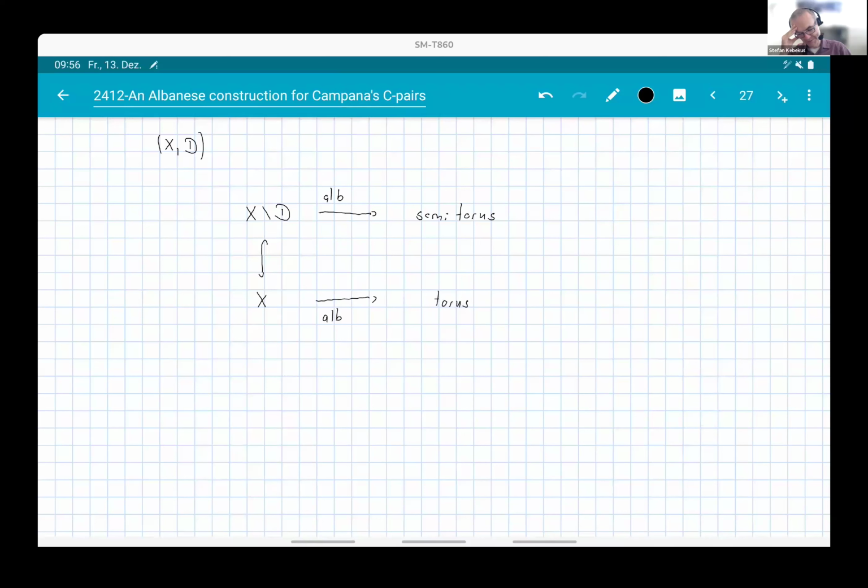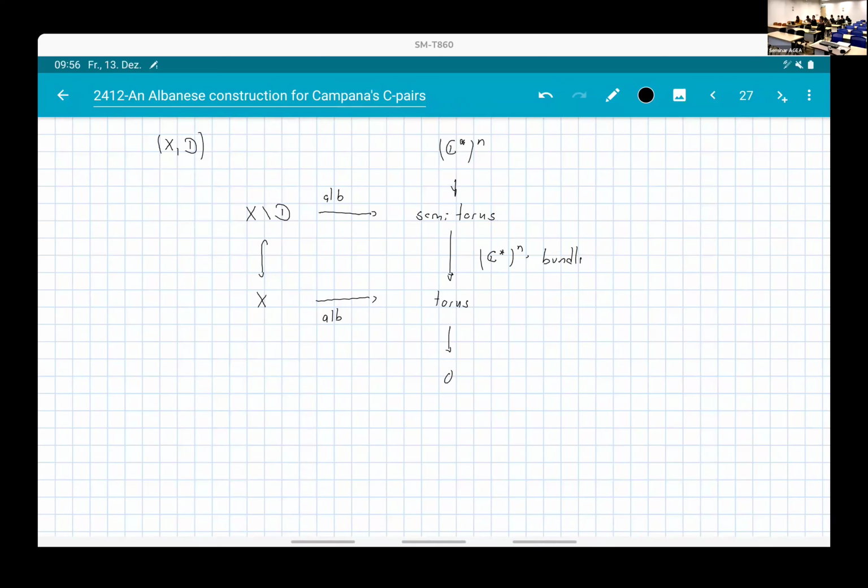And when you have a morphism between spaces, then you get a morphism between Albaneses. So this is a C star to the n bundle. So you get an exact sequence like so.